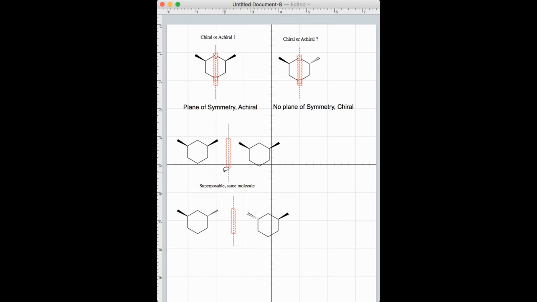Because they are enantiomers, I'm going to say mirror image of one another, non-superposable enantiomers. Same physical and chemical properties for enantiomers, remember.